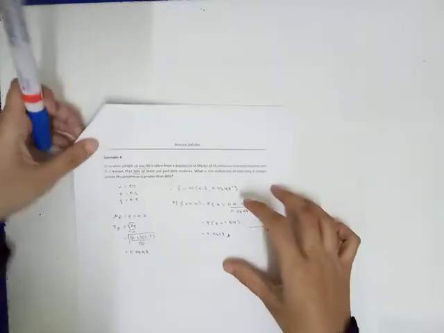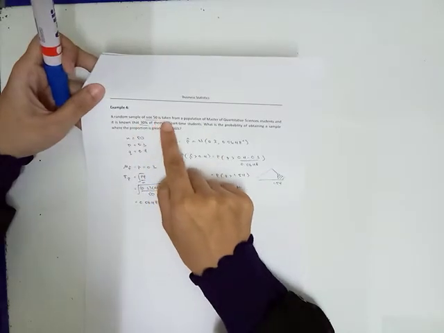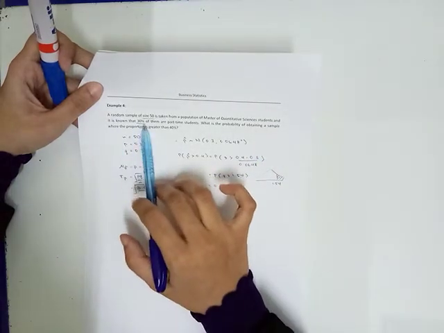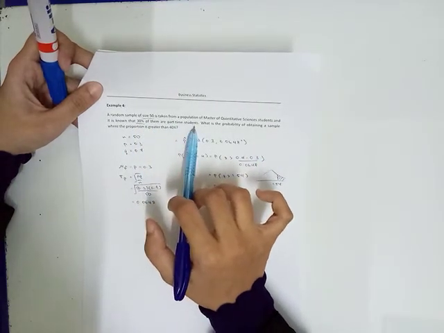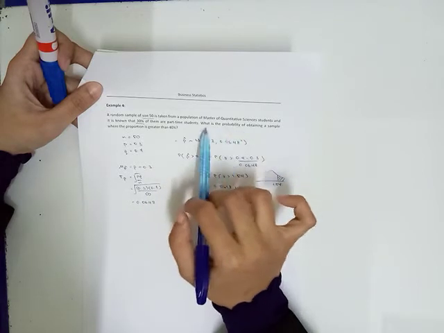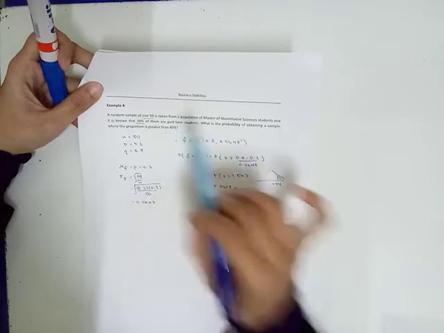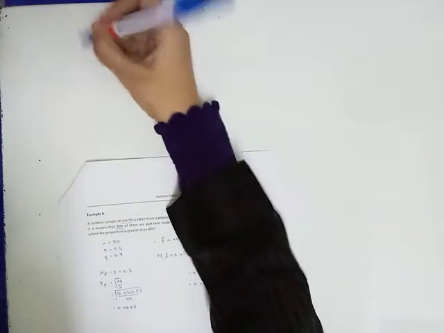Example 4, a random sample of size 50 is taken from a population of Master of Quantitative Sciences students, and it is known that 30% of them are part-time students. What is the probability of obtaining a sample where the proportion is greater than 40%? So, what is P?